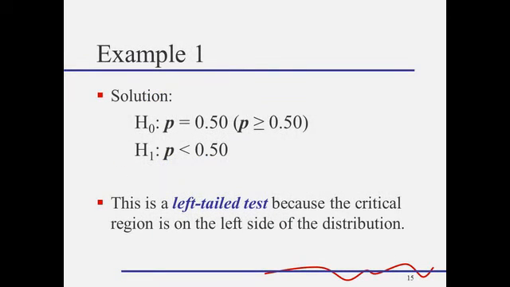Example 1 is an example of what we call a left-tailed test because the critical region is on the left side of the distribution. Notice that the alternative hypothesis is less than, and you will see as we go forward that every time the alternative is less than, we have a left-tailed test.